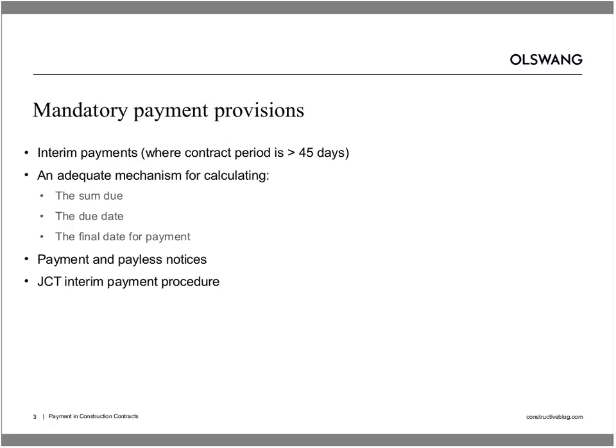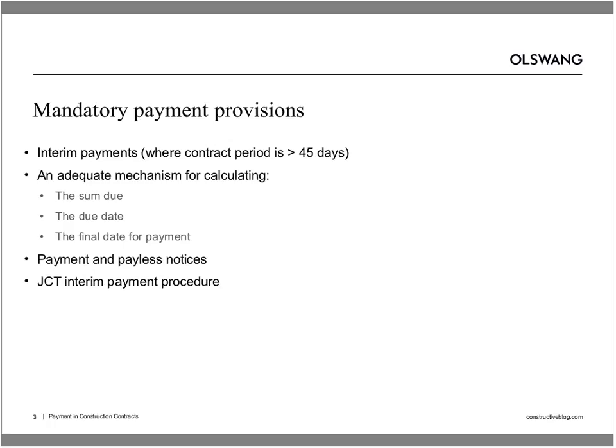But if we look at something like the JCT contract, we'll see that the sum due is usually calculated very sensibly by reference to a gross valuation of works and materials to date, less of course previous payments and retentions. The due date is usually a specified date in the contract, perhaps the 20th of every month or whatever, and the final date for payment will be a specific number of days after the due date.